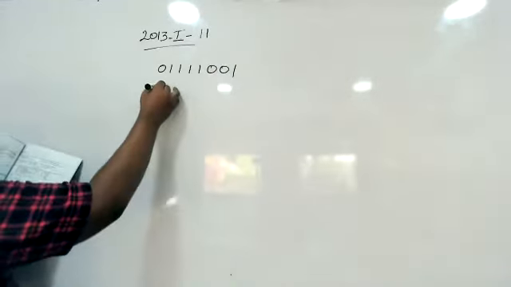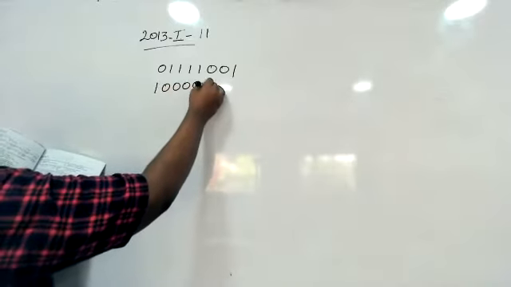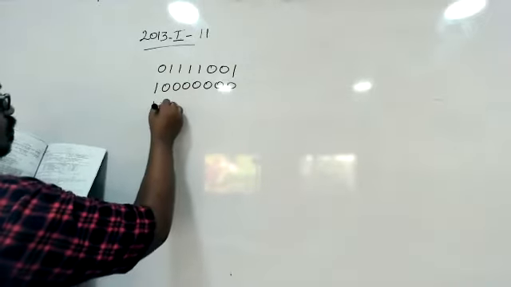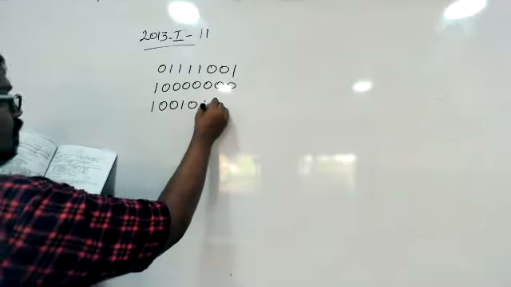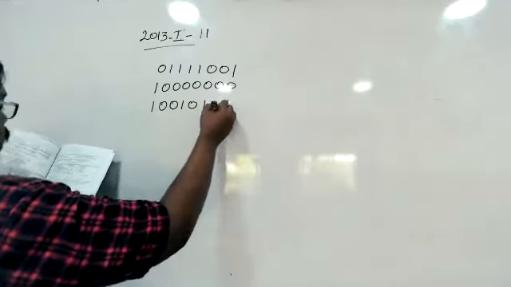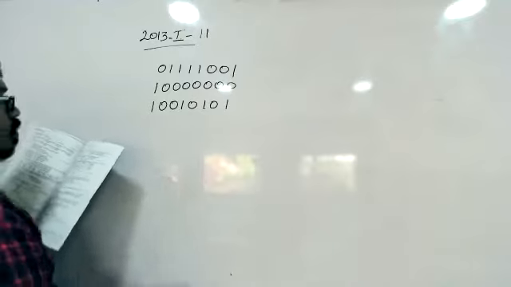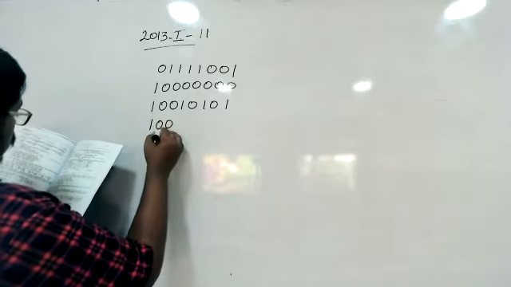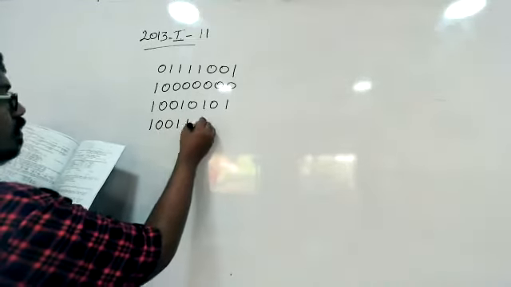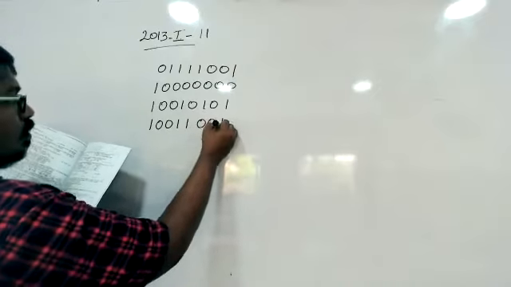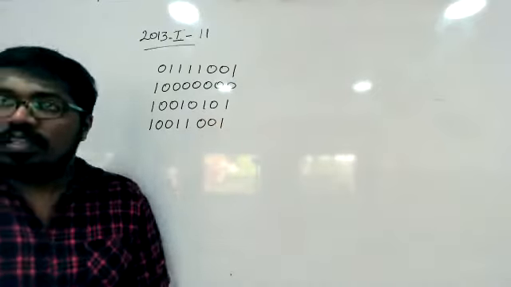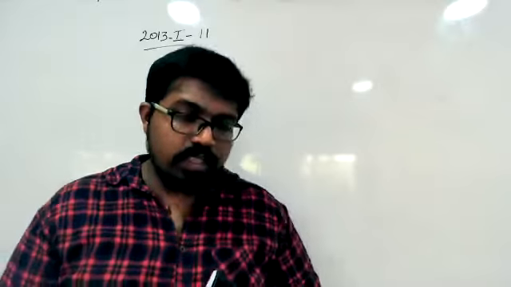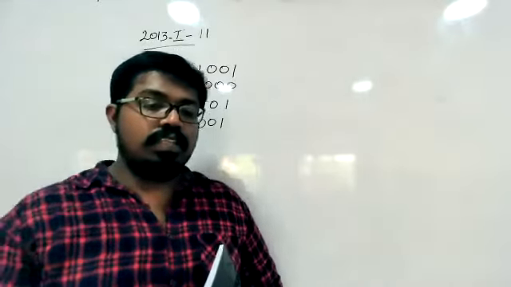Second one is 1, 0, 1, 0, 1, 0, 1, 1, 0, 1, 1, 0, 0, 1. Right? So for this question, you have to try the shortest path to determine the answer.